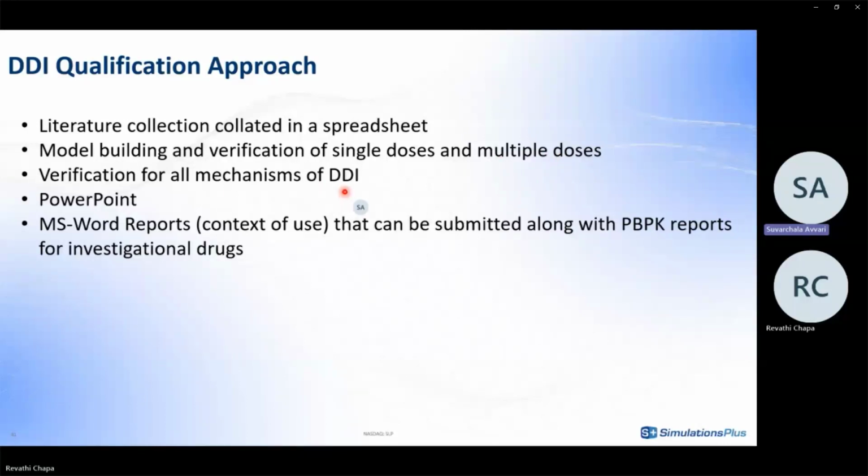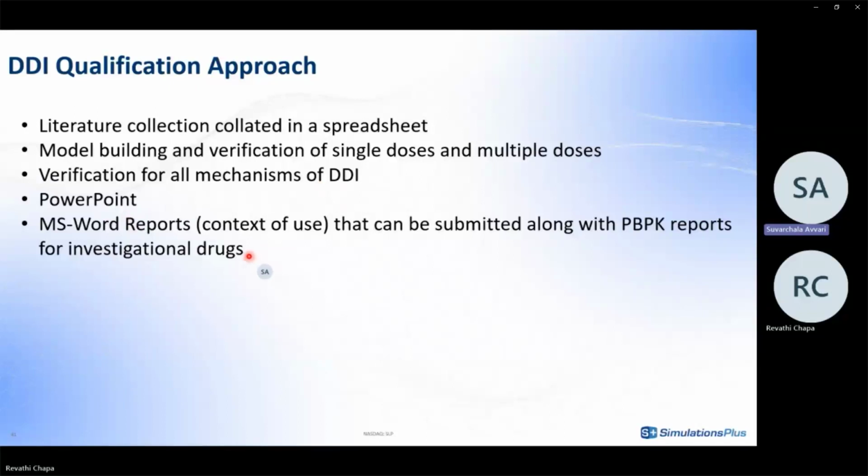Once the model was built, verified, and verification of all mechanisms of the DDI was performed, then all the model building process and the model assumptions are documented in a PowerPoint format and the report format, which can be submitted along with the PBPK reports for the investigational drugs to the distributor.